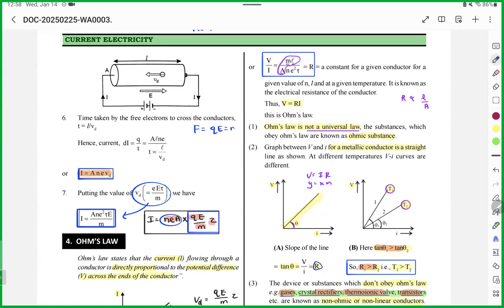Force is also equal to mass into acceleration. Your acceleration value will be equal to qE by m. And you know your drift velocity is equal to acceleration into time, acceleration value qE by m into relaxation time. Do you remember this part?